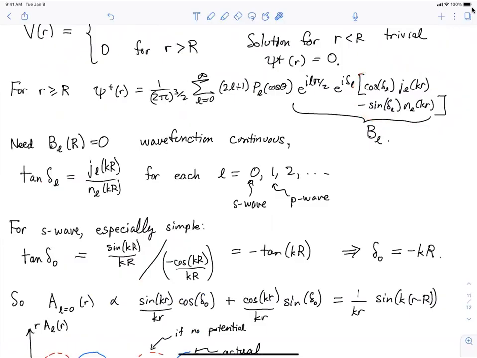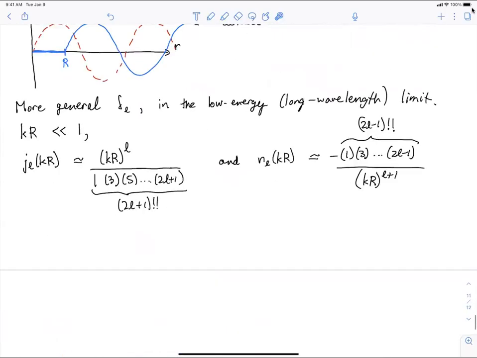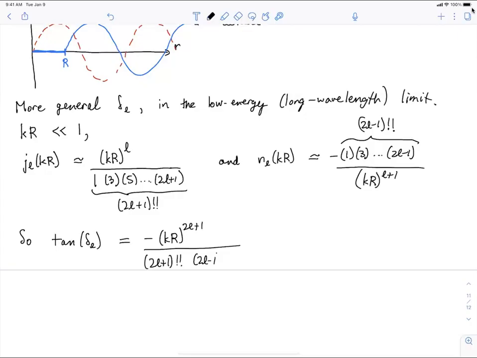And so we're going to be solving for tangent delta L when we take the ratio. And we're going to get the ratio of JL over NL. Right? So what we've learned is that the tangent of the Lth partial wave phase shift is going to be minus kr to the 2L plus 1 divided by 2L plus 1 double factorial times 2L minus 1 double factorial.